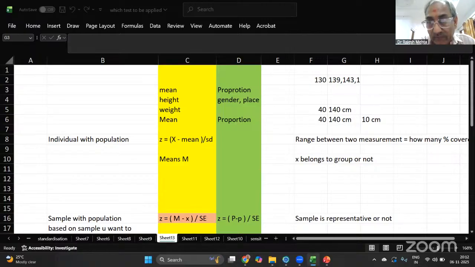But now, suppose it is asked to you that how many children will lie between 130 centimeter to 140 centimeters. Then do you have answer to this? I think I should have written to all.